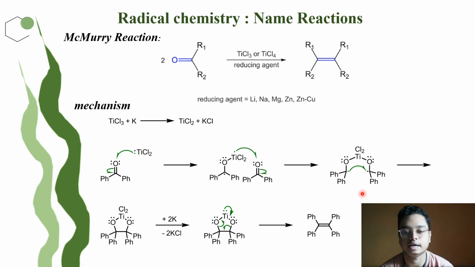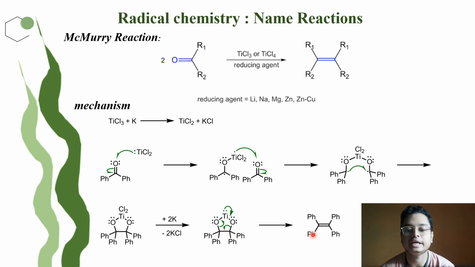Now these two radicals combine to generate this 5-member ring. Here you can see that in situ, this titanium dichloride is converted to titanium 0, and this 5-member ring rearranges, breaking apart to give our corresponding olefin and titanium dioxide.